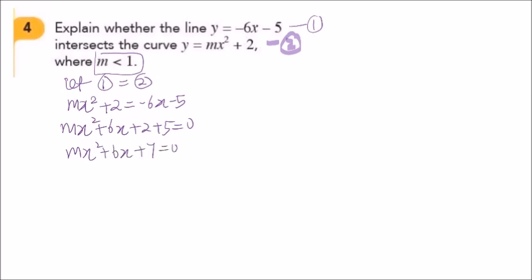Right, so the next step is to find the value of b squared minus 4ac. Let's write down the coefficients: the coefficient of x squared is m, the coefficient of x is 6, and the constant is 7. Let's substitute into b squared minus 4ac and see what happens.